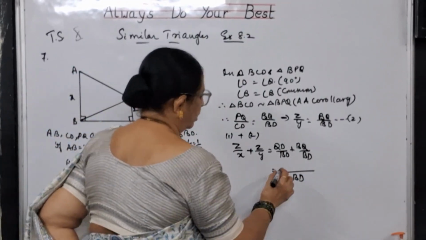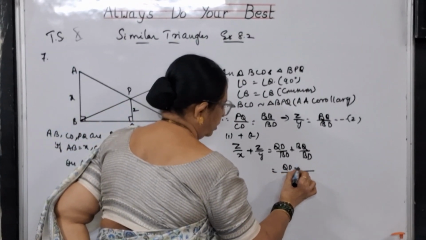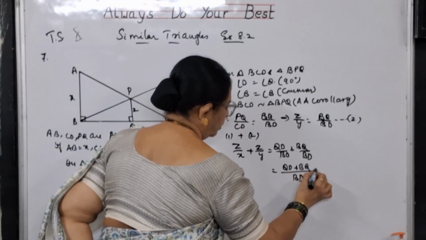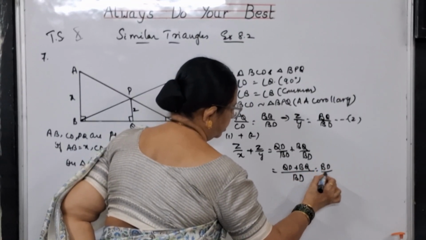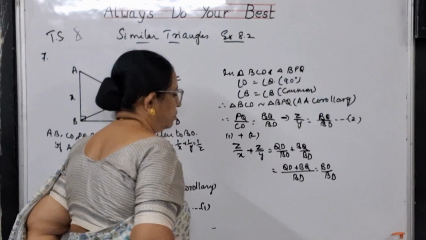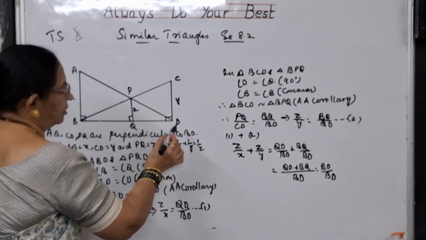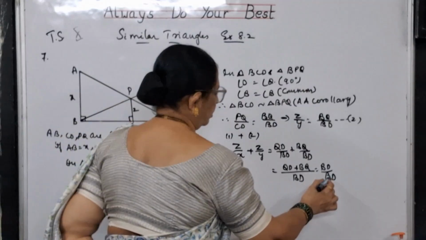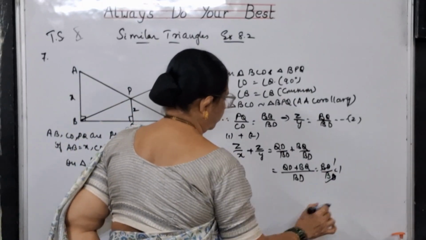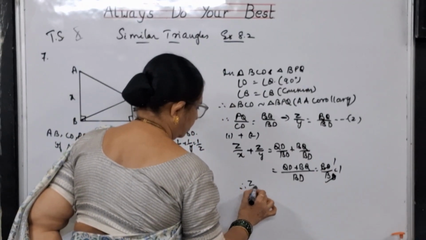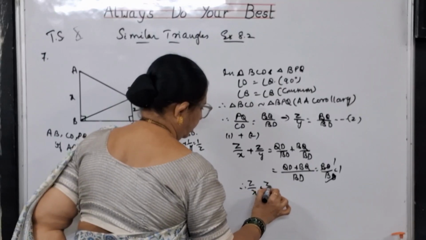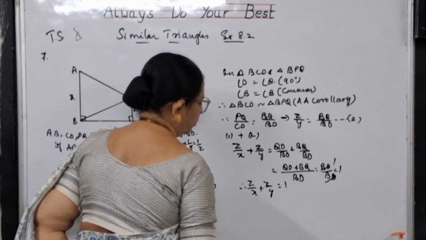So the numerator will be QD plus BQ, that is nothing but BD by BD. See, QD plus BQ is nothing but BD. That means these two will get cancelled. You are getting 1. That means Z by X plus Z by Y is equal to 1.